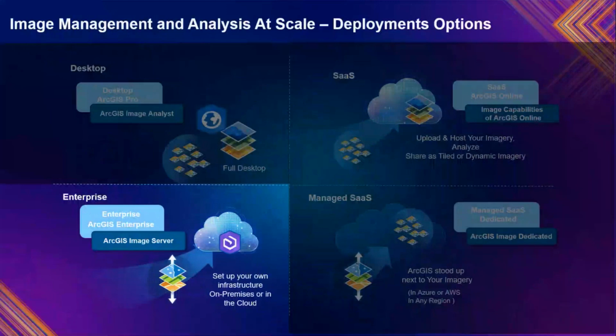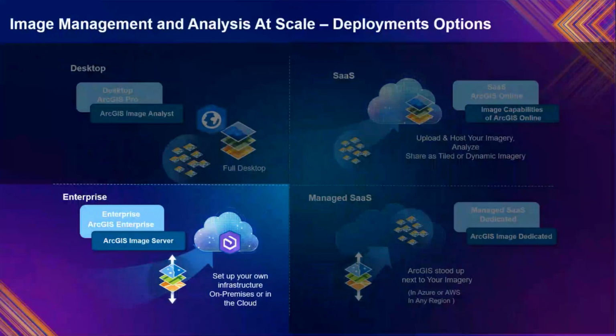The other deployment pattern is to use ArcGIS Enterprise. ArcGIS Enterprise is where organizations have typically their own infrastructure, which is on-premise or in the cloud, and they want to set up an imagery system typically to serve data to large numbers of people and perform large amounts of processing.